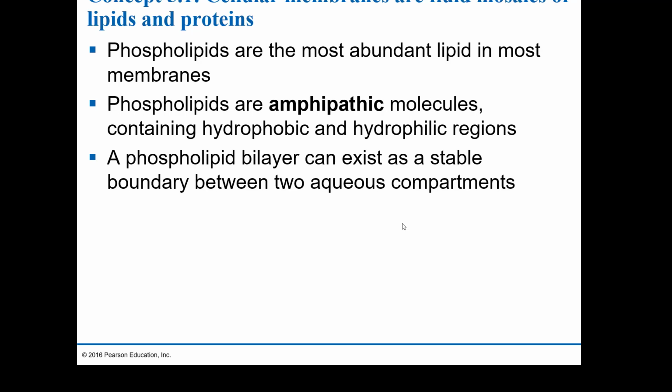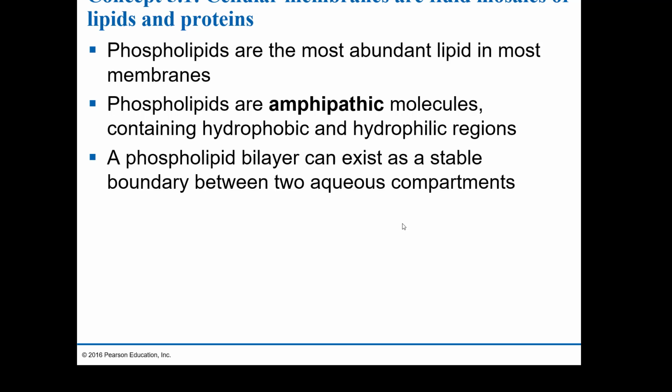So phospholipids are the most abundant lipid in most membranes. So most of the membranes are made up of phospholipids, and they're amphipathic, and that means that they have two parts to them. They have that hydrophobic tail and then that hydrophilic head. So they like water in some parts and dislike water in other parts.